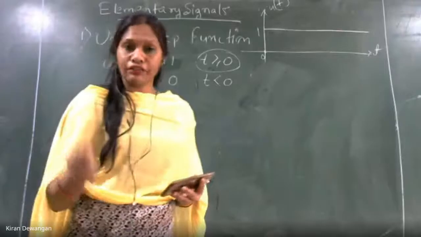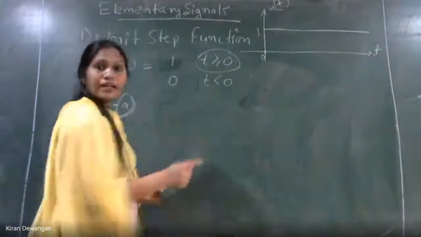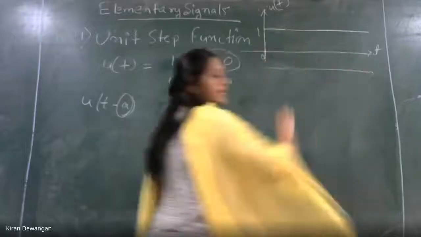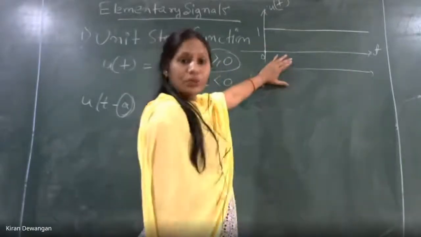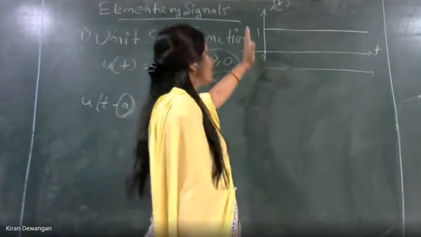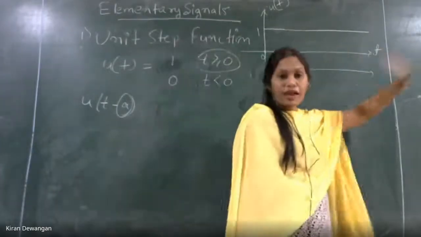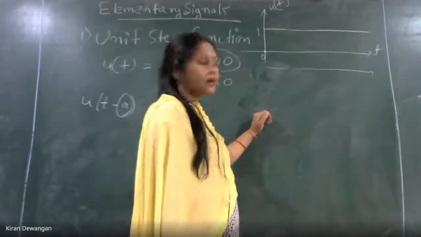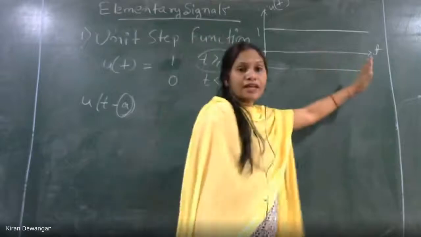Definitely, there will be a different plot for u(t minus a). Now, this is the entire t for which our u(t) exists, that is from 0 to any value of t. It may be till infinity also. Clear? So this is the entirety for u(t).